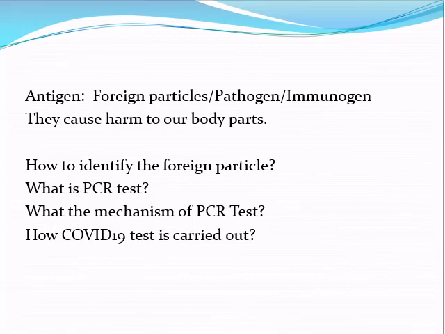How do they conduct this PCR test? In order to identify that the signs and symptoms of sick people are COVID infections, they need to have a certain procedure, so this procedure must be known. So how do people identify the foreign particles that infect the host? That is what you have to keep in mind.